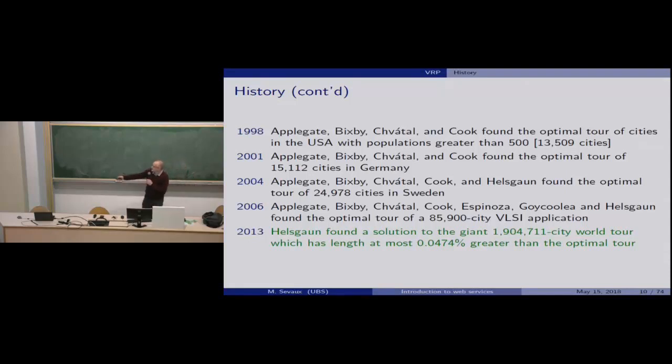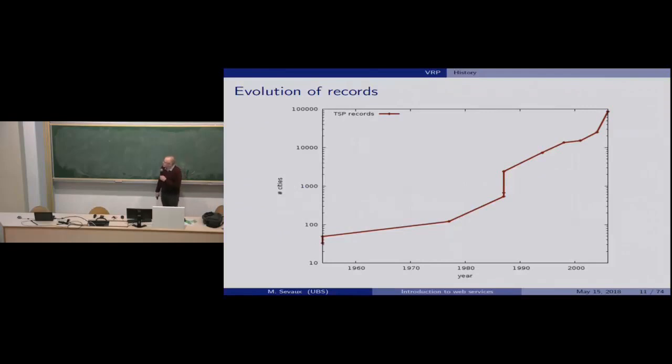You can see that this is very close to the optimal solution, 0.04% away, but it's not proven. So today the biggest record is still the one by Applegate and others. If you look at this evolution of records in number of cities, this is a log scale. You see that it's growing really, really fast in the last years.